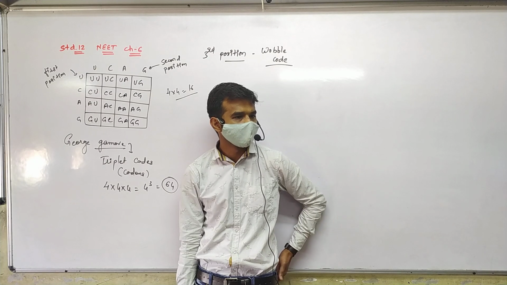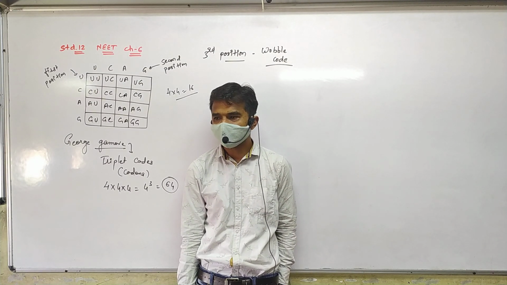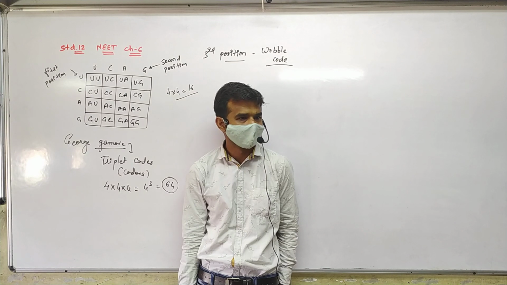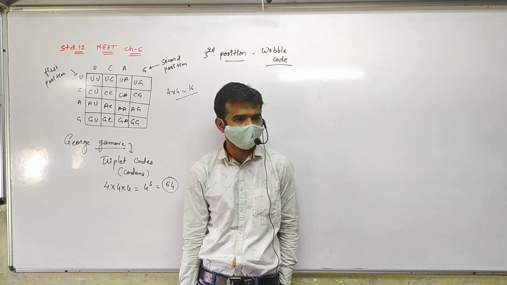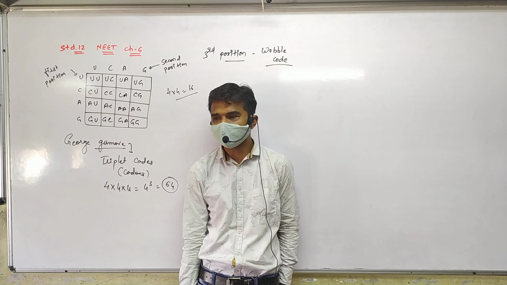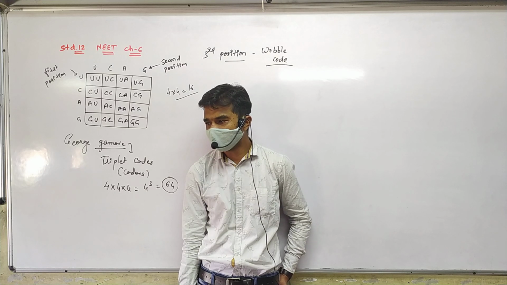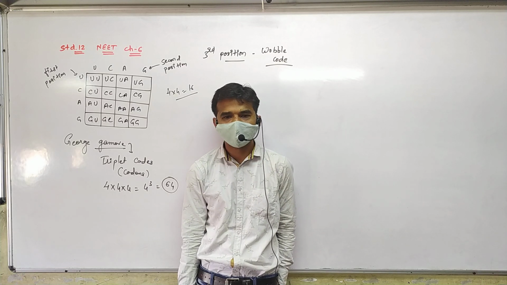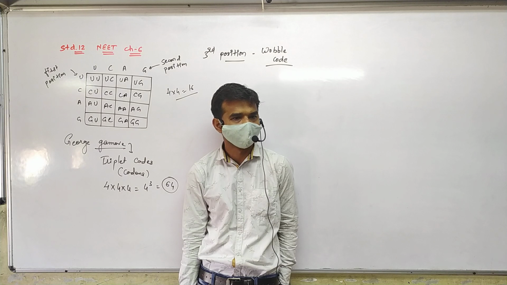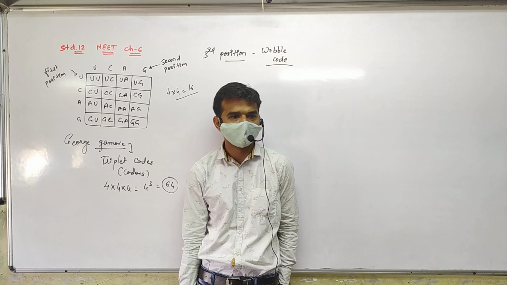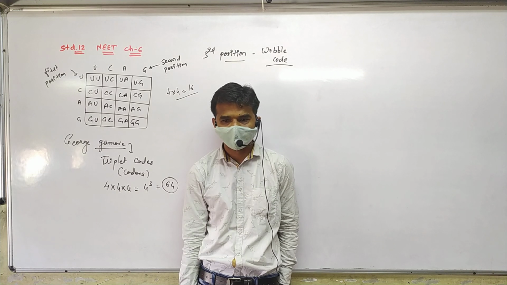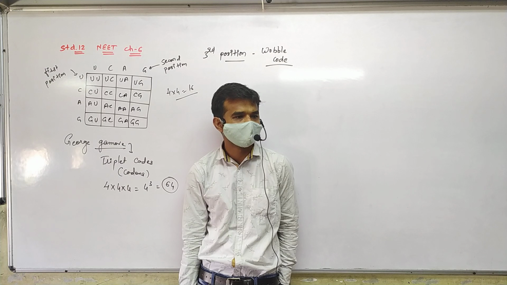For the first column, 224314 codes are there, and the specific amino acids are phenylalanine, leucine, isoleucine, methionine, valine. Clear? Second column, the numerical code is 4444, and the amino acids are serine, proline, threonine, alanine.